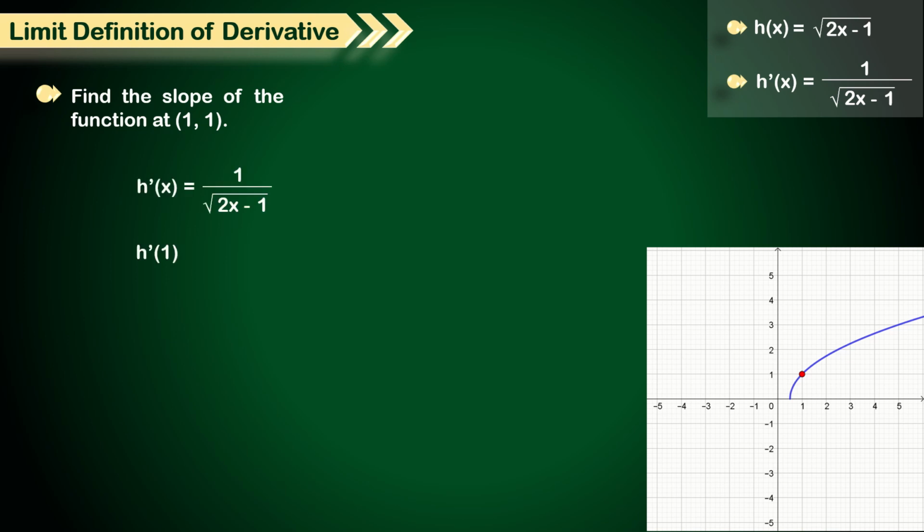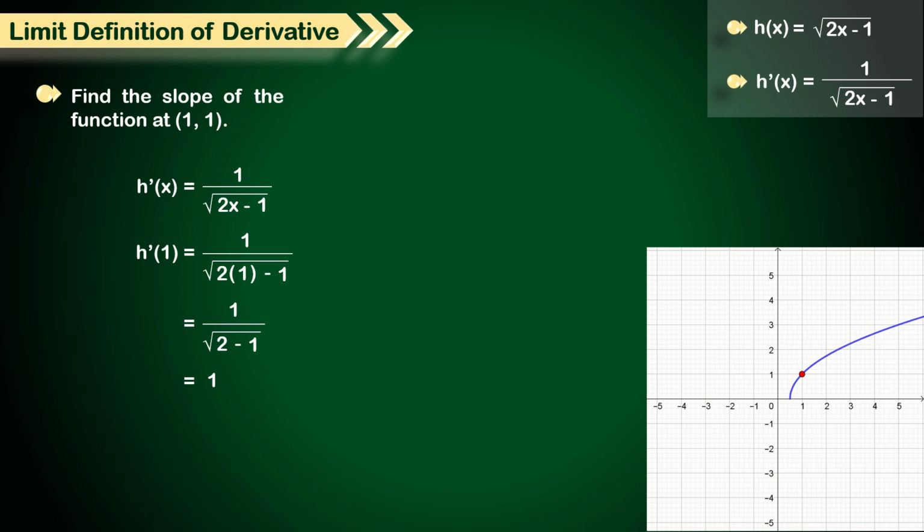We have h prime of 1 is equal to 1 over the square root of 2 times 1 minus 1. Simplify. It is equal to 1 over the square root of 2 minus 1. Simplify it further. The slope of the function at (1, 1) is 1.